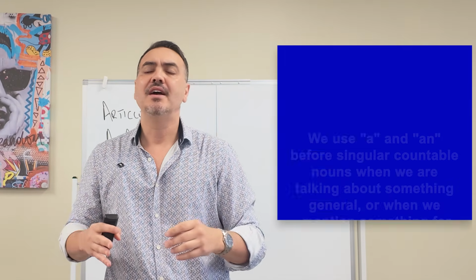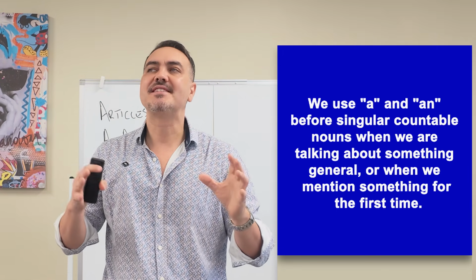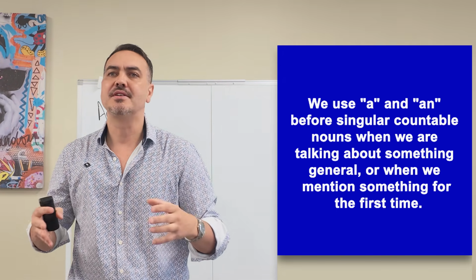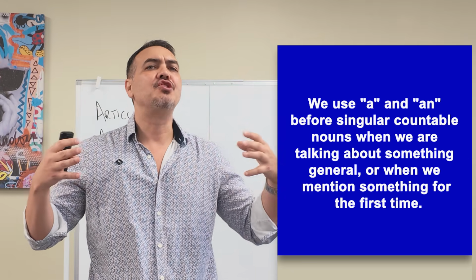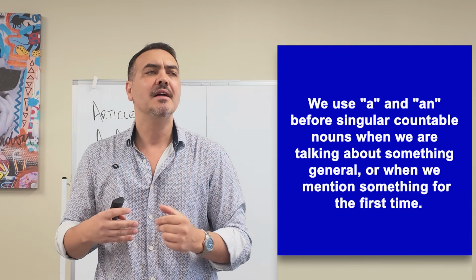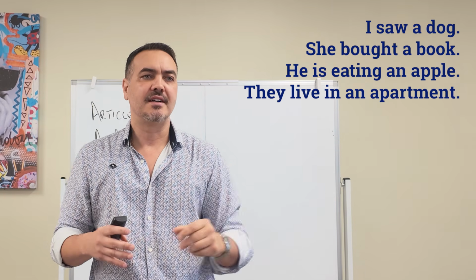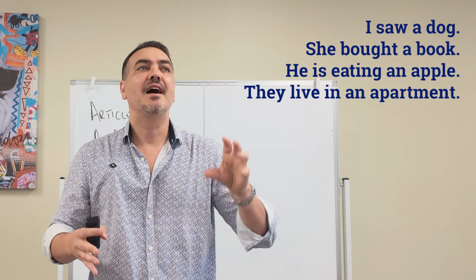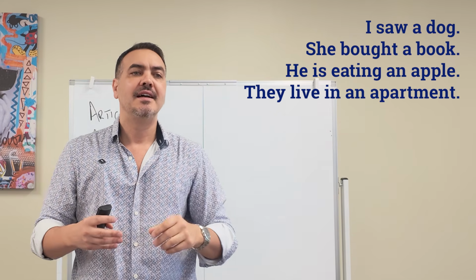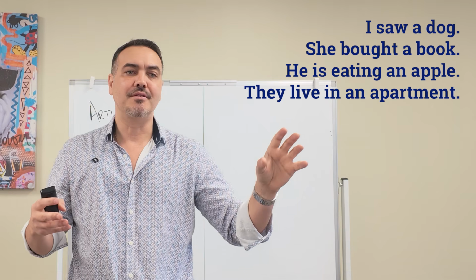Okay, so let's begin with a and an, okay? We use a or an before singular countable nouns when we're talking about something general or when we mention something for the first time, okay? For example, I saw a dog. She bought a book. He is eating an apple.